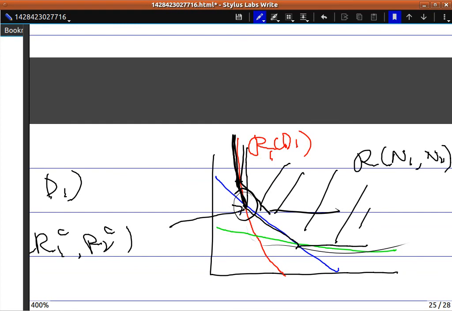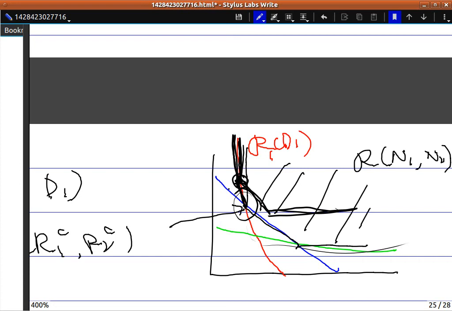Let's say if I want to achieve this point, for my choice there, I basically will have the achievable Berger-Tung region, and also my corner point will overlap with this boundary of R1 D1 here.